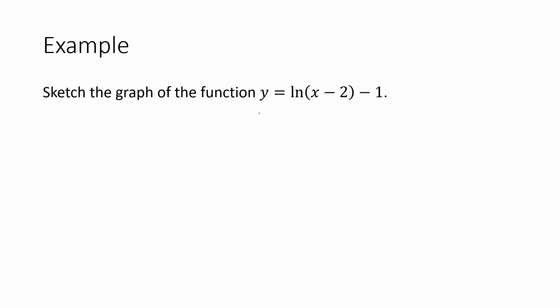So let's think about what our graph of ln of (x minus 2) minus 1 looks like. Notice there's two basic transformations here. x minus 2 inside the parentheses is going to shift right 2 units. And then the minus 1 here is going to shift down 1 unit.